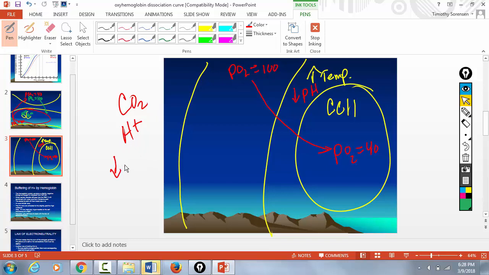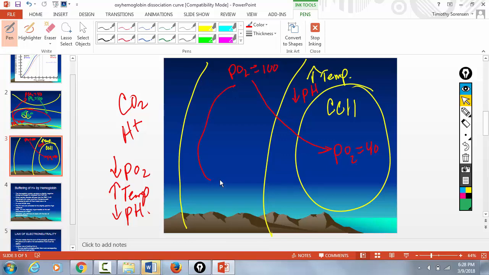So you have low PO2, you have elevated temperature, and you have a lower pH. The lower pH and the higher temperature change the shape of hemoglobin, and it will not allow oxygen to bind to the iron on hemoglobin. The oxygen falls off and goes into the cell. Do you follow that?